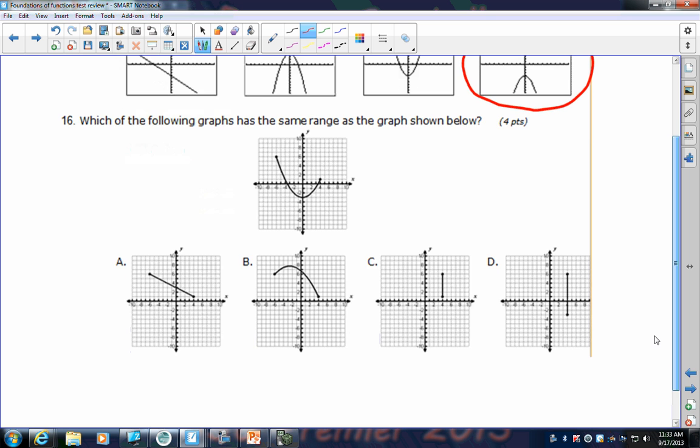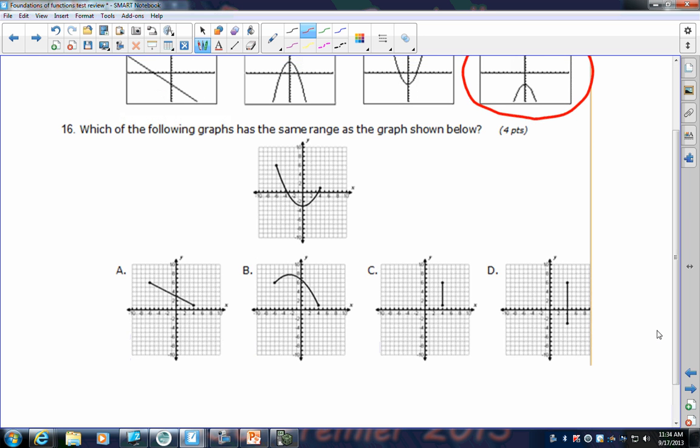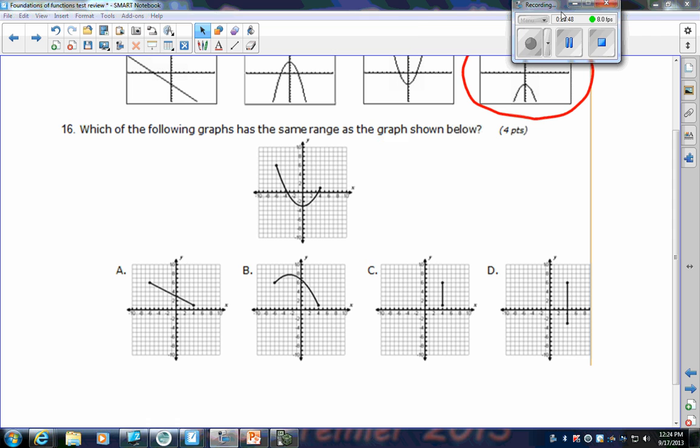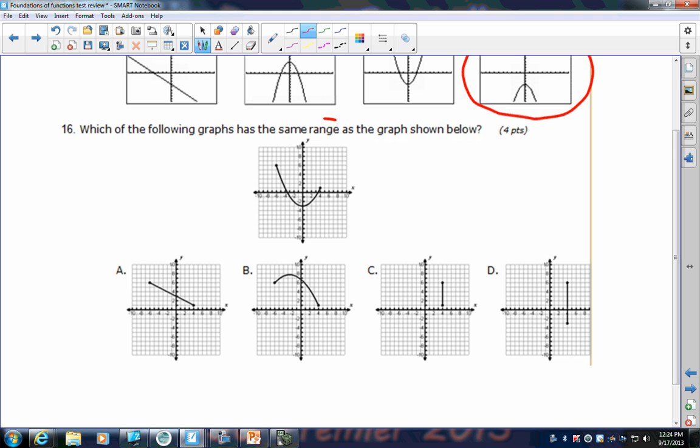Take a minute and try to solve number 16, please. Number 16 says, which of the following graphs has the same range? Range is the y, so I'm looking at up and down.